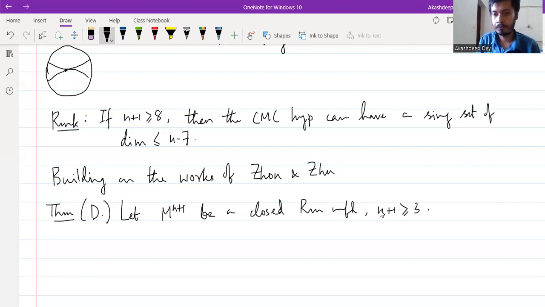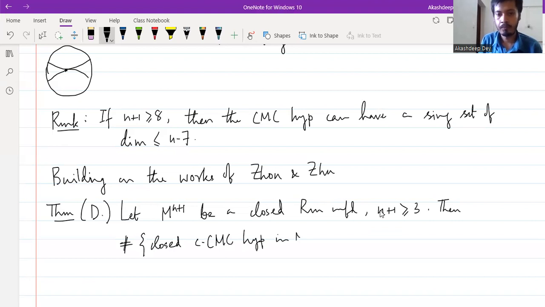Then the number of closed CCMC hypersurfaces in M is at least a constant gamma times c to the power -1/(n+1).